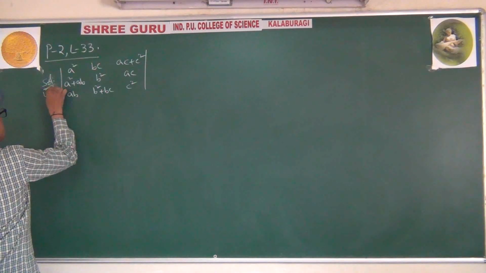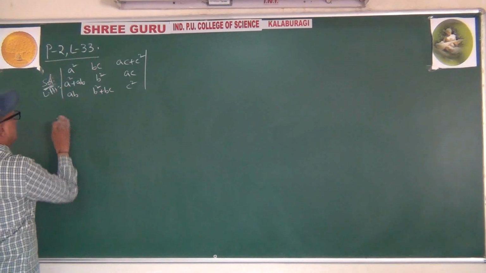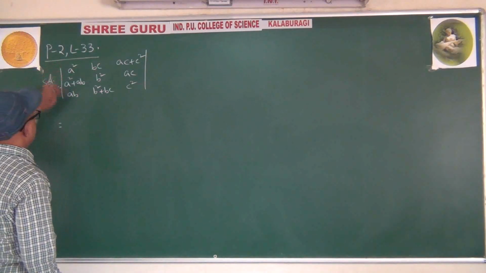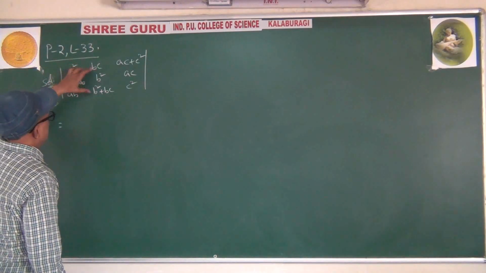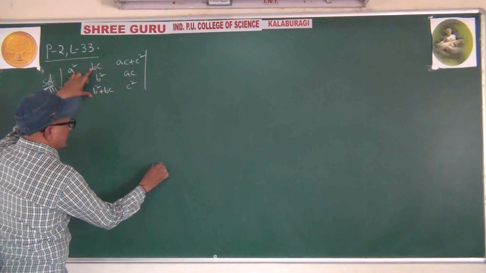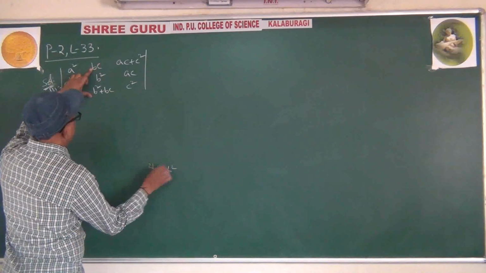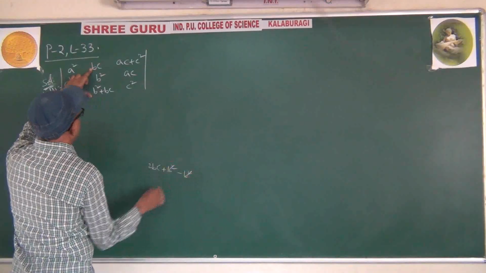LHS equals to a square plus ab, minus this one, bc plus b square, this one.